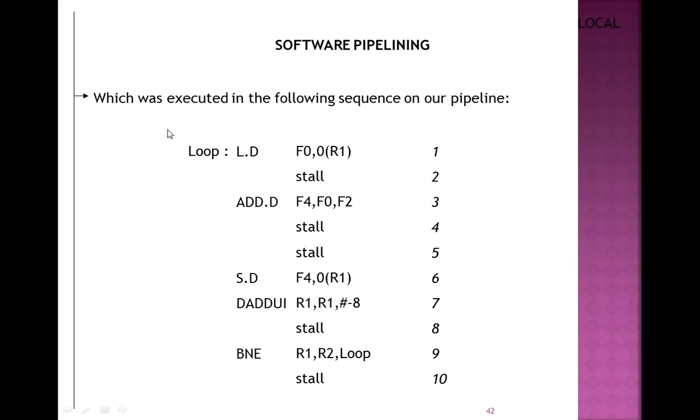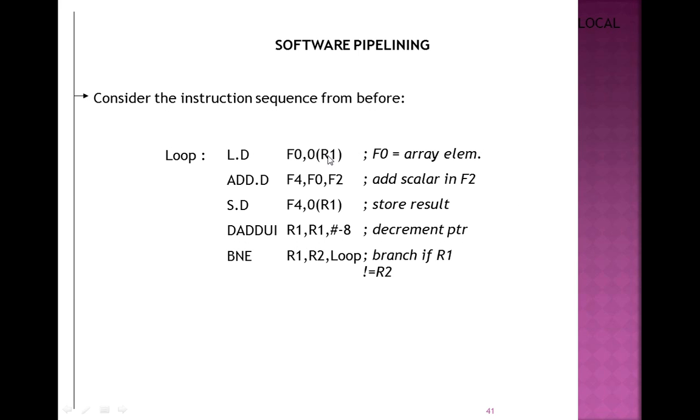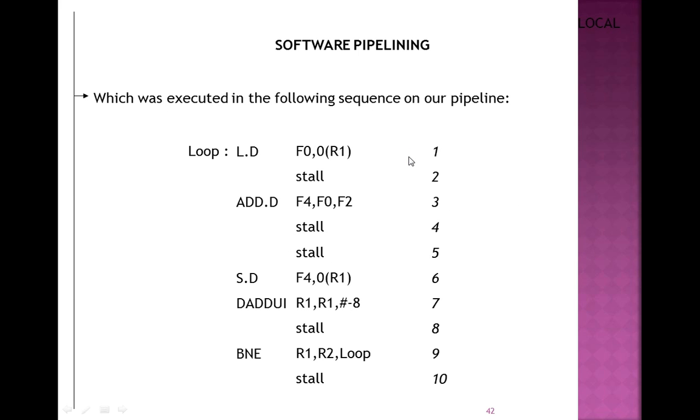Then this executes in the following sequence in our pipeline: loop, LD, ADD, SD, DADD, BNE, that is branching. LD uses register 1 to load the array element F0 at the first clock cycle.